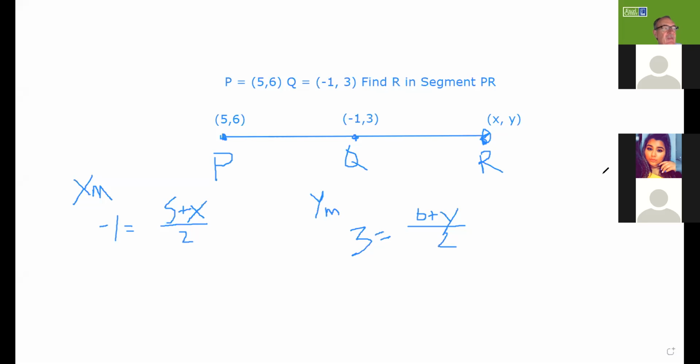So here's my visualization set up for that problem number 3, where I'm trying to find the missing endpoint. I'm taking everything that I can use and plugging them into the equations from the midpoint formula where I can. Here's my midpoint. Normally that's my outcome. I have a midpoint for X of -1. I have a midpoint for Y of +3.